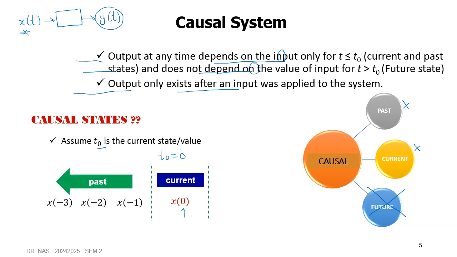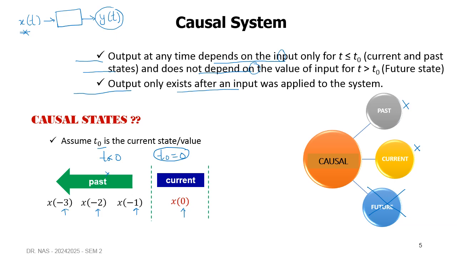Okay, what is the past state or the previous state? When your t is less than 0, this is the past or previous state. So any values of t that are less than 0 represent the past state or the previous state.